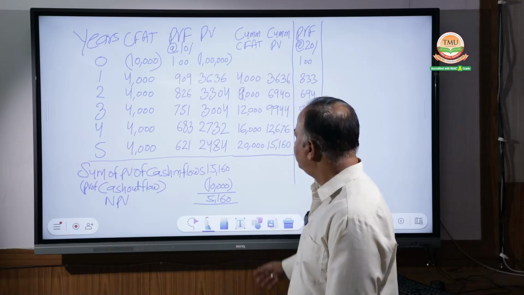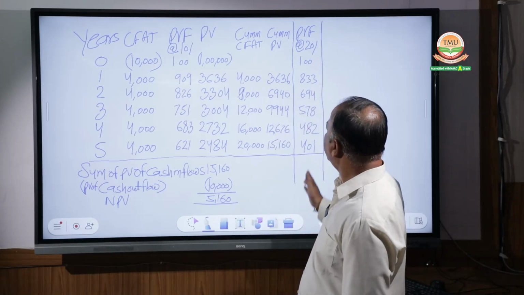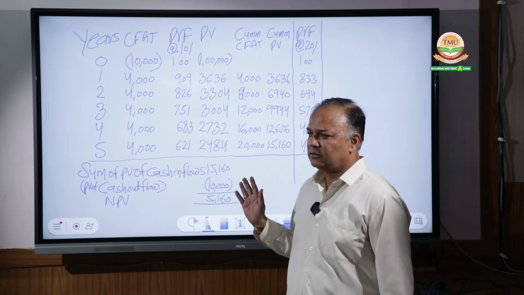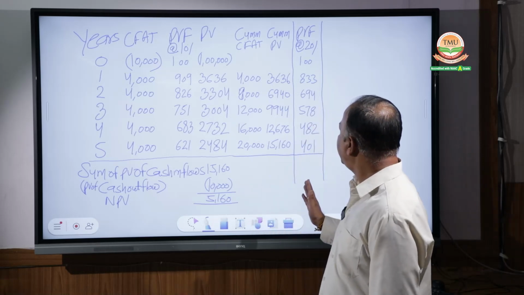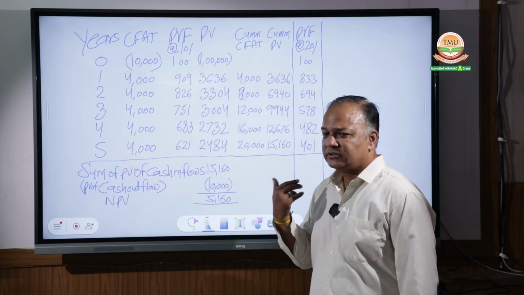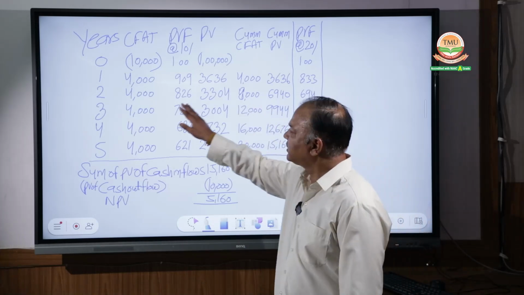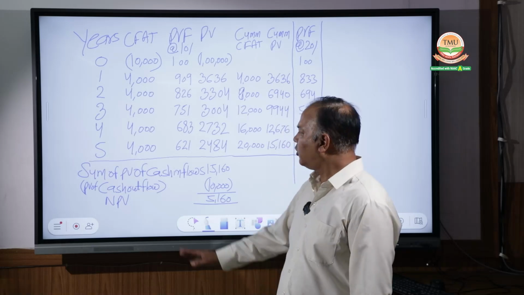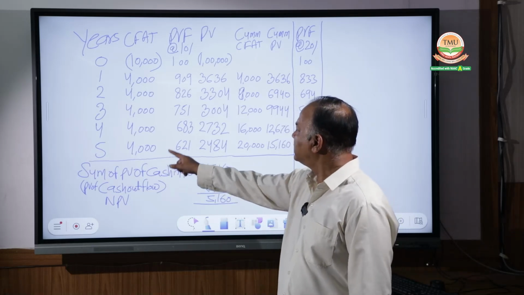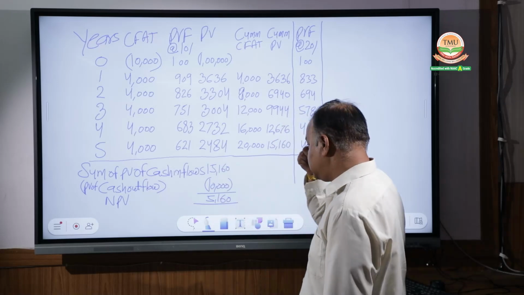So first of all, whenever you have to calculate NPV, we have to write down the present value factor. So I have written the present value factor at the rate of 20% here. Now second thing, I have to multiply this present value factor with cash flow after tax. Column number 2 and column number 7.